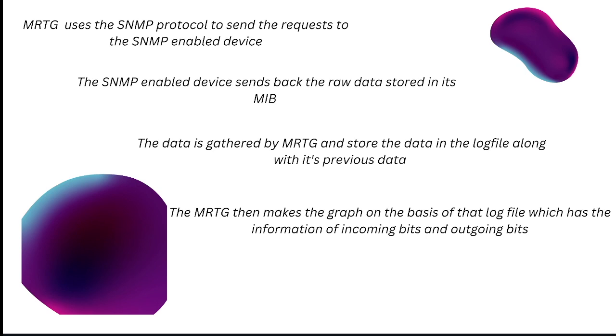Similarly, we have two devices called SNMP manager and SNMP agent. The SNMP manager is the one which generates the graphs by using the MRTG, and the SNMP agent is the one which responds to the requests from the SNMP manager.